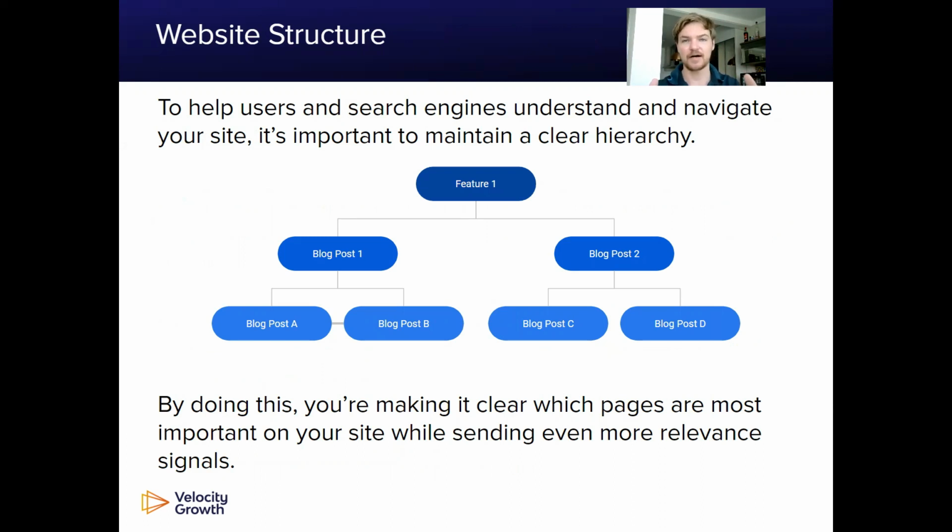And in this email marketing area, you are going to want to produce blog posts that are relevant to that scenario, right? So for example, let's say feature one is email marketing, blog post one is the introduction to email marketing, and blog post two could be a guide to email marketing for, let's say, personal injury lawyers, just as something off the top of my head.